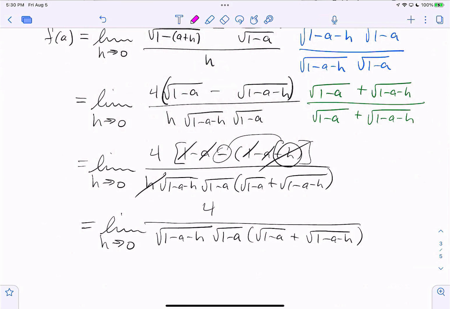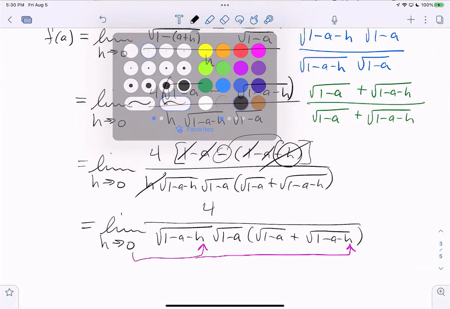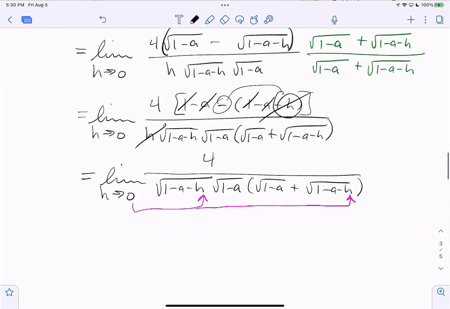Now, the h factor in the denominator has gone away, so I can now substitute 0 in place of h. When I do, 4 in the numerator, 1 minus a, both inside square roots, hey, that becomes simply 1 minus a. And then I have the square root of 1 minus a plus the square root of 1 minus a. That is 2 times the square root of 1 minus a.